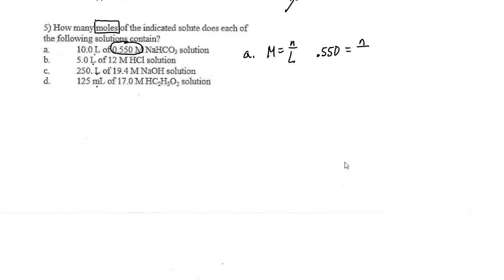The number of liters is 10.0. And now you solve this equation with your algebra skills. Multiply both sides by the 10.0 because that causes this to cancel out, leaving the letter N alone. On a calculator, 0.550 times 10 is 5.50. The label is moles.